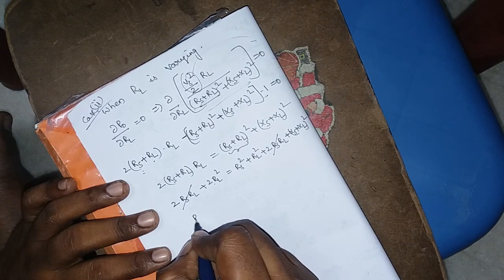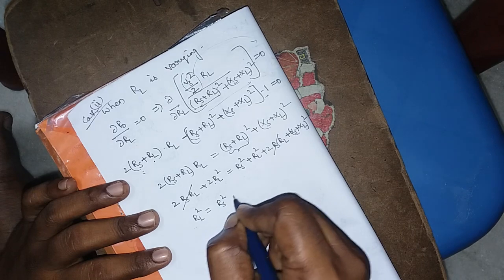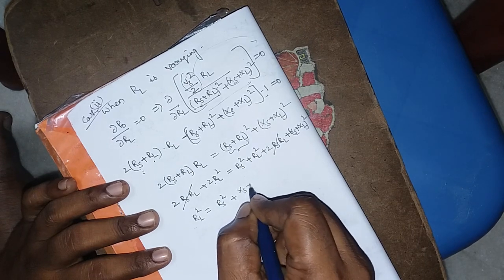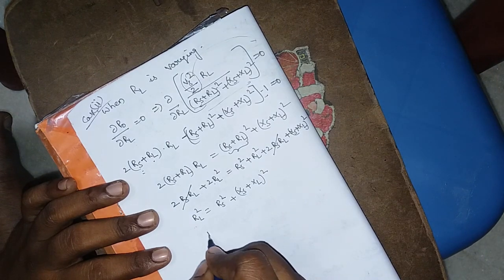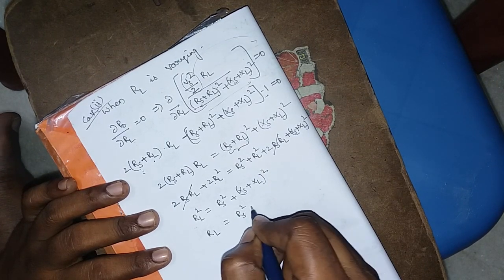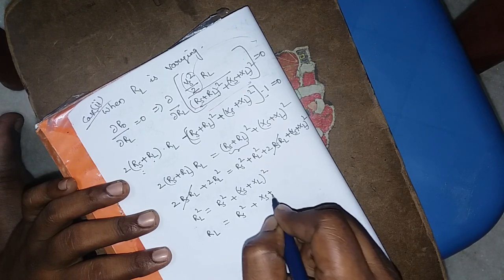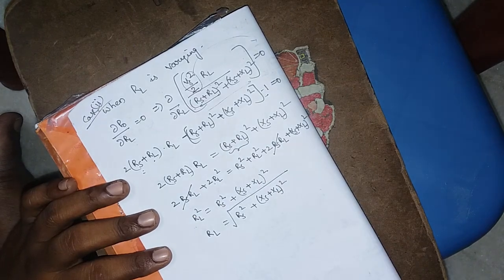So that means RL square is equal to Rs square plus XS plus XL whole square. So hence RL is equal to Rs square plus XS plus XL whole square under the root, like this.